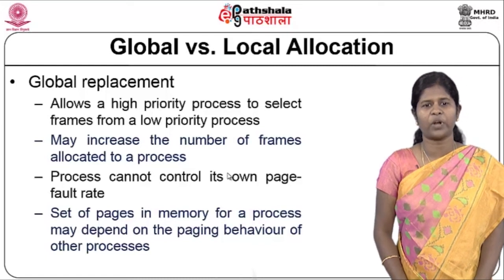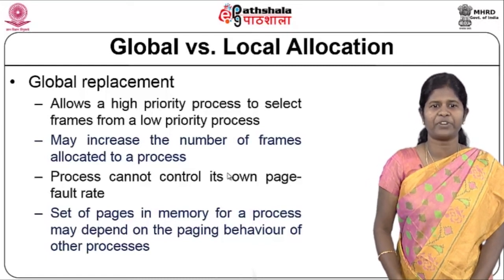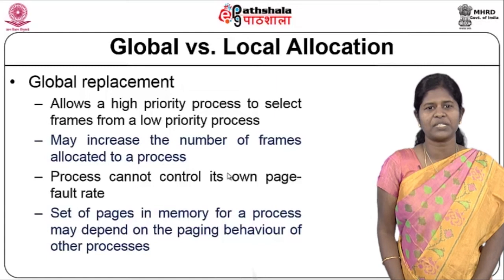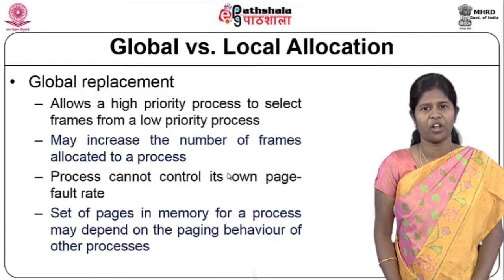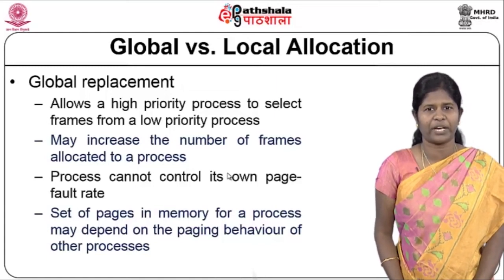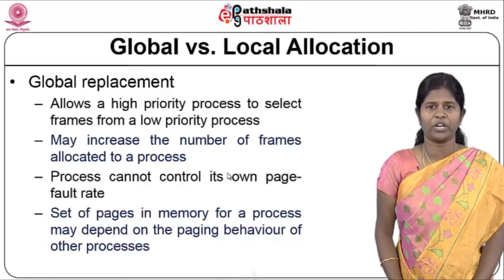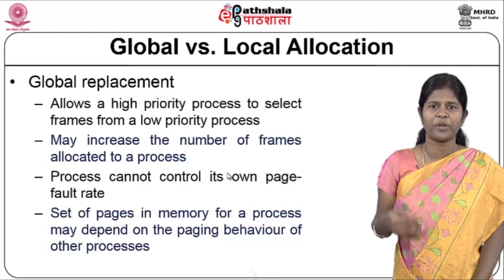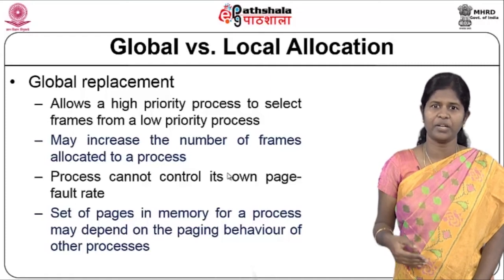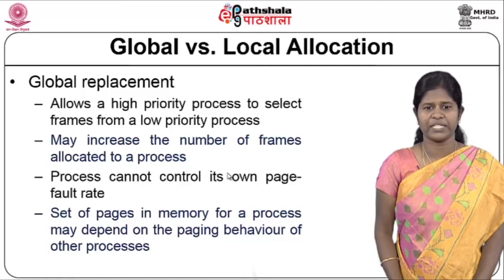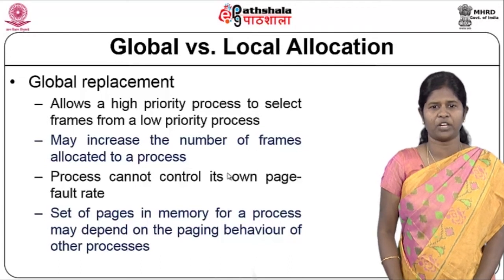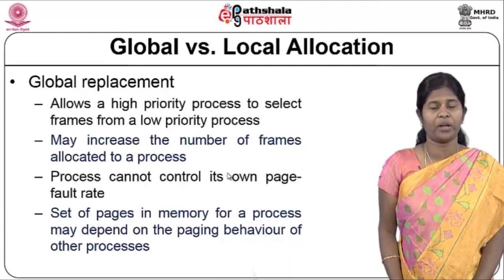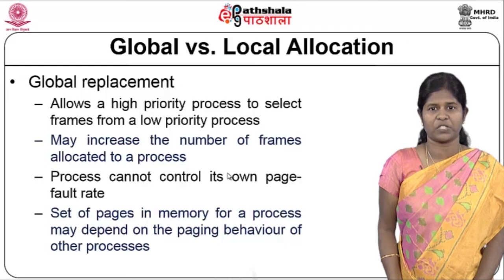So, because of this, what happens is that it will change the number of frames allocated to a process, and because of that the process cannot control even its own page fault rate. Say for example, if it is a low priority process, some high priority process will pick its pages. So, the low priority process cannot control its own page fault rate. So, the set of pages in memory for a particular process will now depend on the paging behavior of other processes.